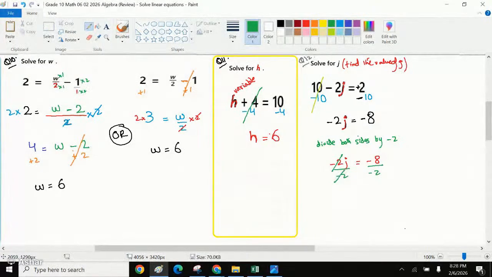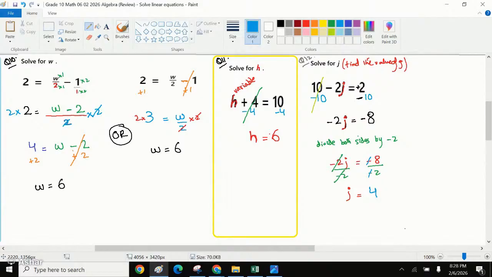Because minus 2 divided by minus 2 would be 1. So can we say j is equal to minus 8 divided by minus 2? Whenever we have the same negative signs, we cancel them out. And we know that 8 divided by 2 is 4. So we found the value of the variable.